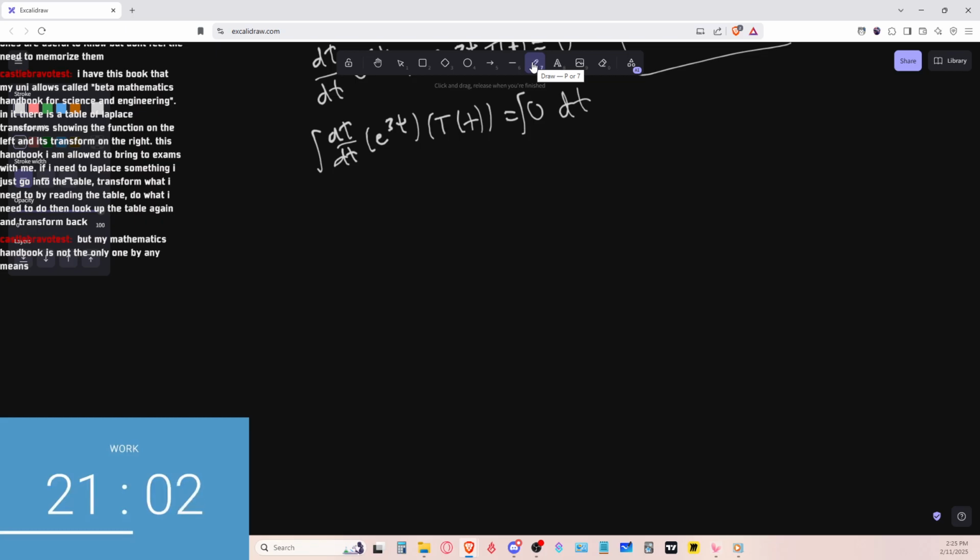If I need to Laplace something, I can just go to the table, transform what I need, do what I need to do, and then look up the table again and transform it back. But my mathematics handbook is not the only one, by all means. It's okay, at least you're able to use it, which is pretty good.